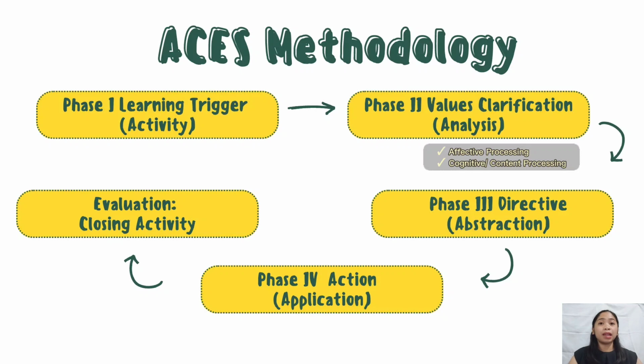Now, we have here 2 auxiliary but significant activities which are the mood setting and closing activities. Now, the mood setting in the ACES methodology is not just a motivational statement, but a mini activity related to the content of the lesson. Its purpose is to create a conducive psychological climate for learning.